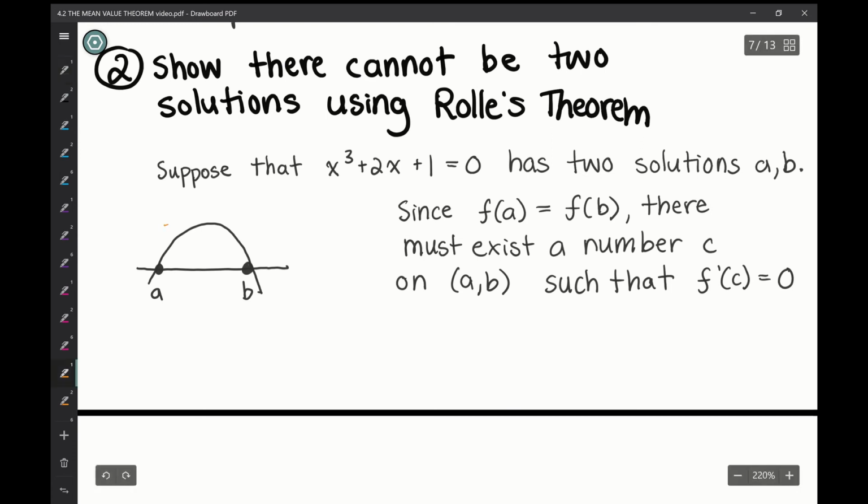We've satisfied all of the conditions of Rolle's theorem. There has to be some sort of f prime of C equals 0.